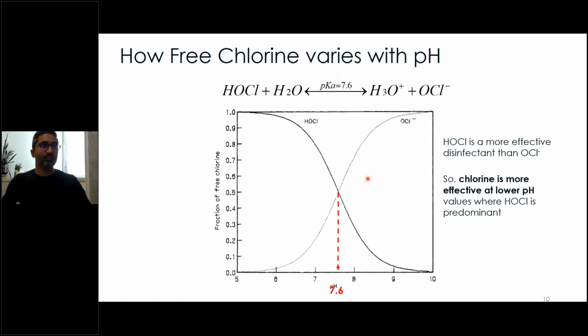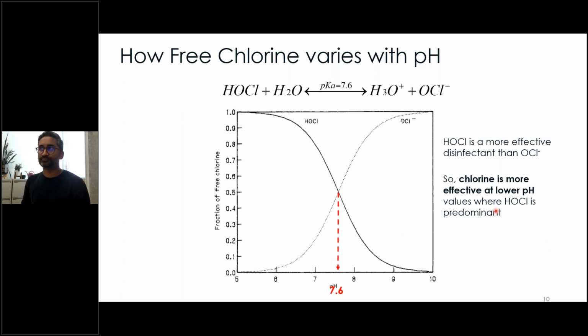Why does that matter? The reason it matters is because HOCl is a more effective disinfectant, and so your disinfection is more effective when you're at lower pHs. Chlorine works better when your pH is lower than 7.6 because you're predominantly relying on hypochlorous acid to do the majority of disinfection. The rate at which HOCl disinfects microorganisms is much higher than with OCl minus.